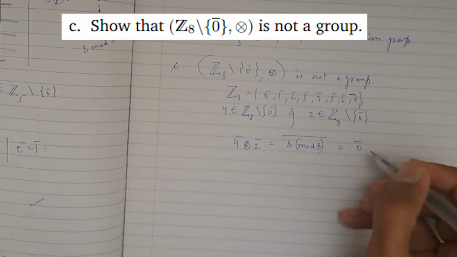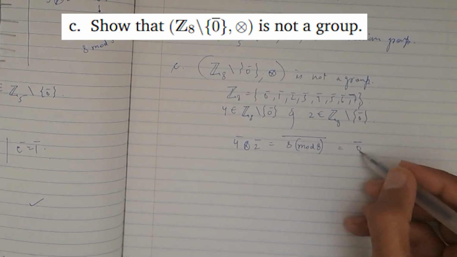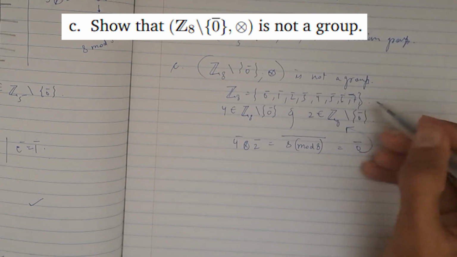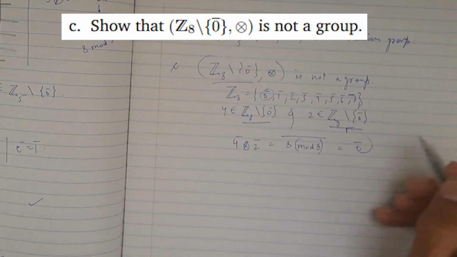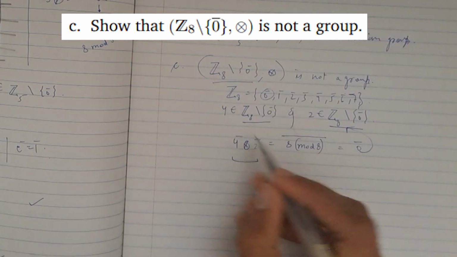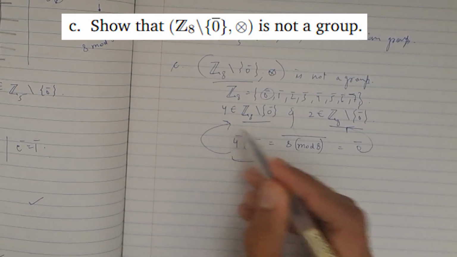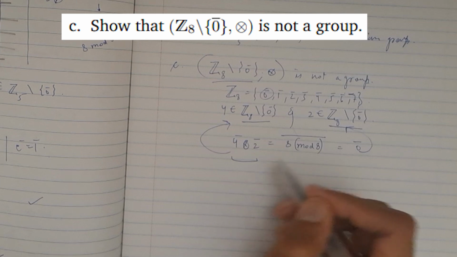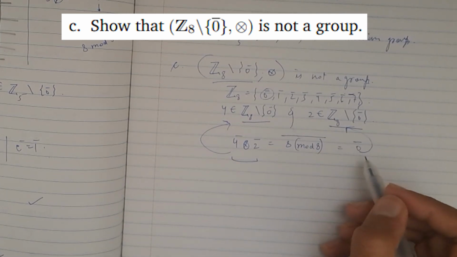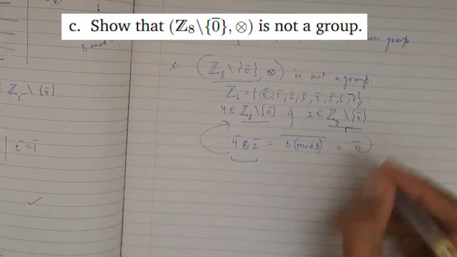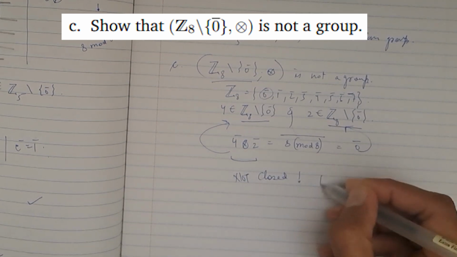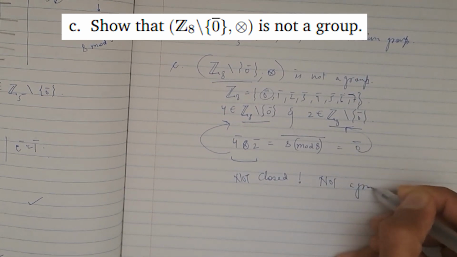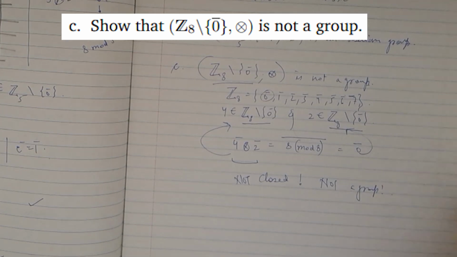So that is just 0 bar. But 0 is actually not included, as this has been removed in the definition. And so you have 2 elements that are part of the domain, and yet when the operation is done on them, they give a response that is not part of the set, and so this is not closed. The fact it's not closed means it's not a group. Simple.